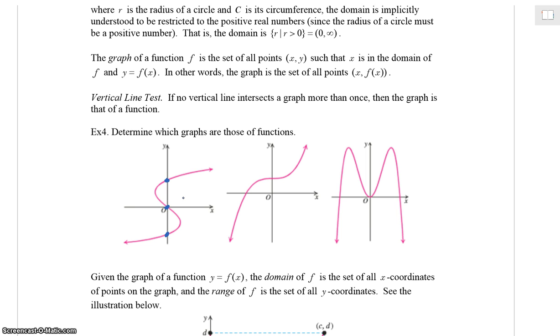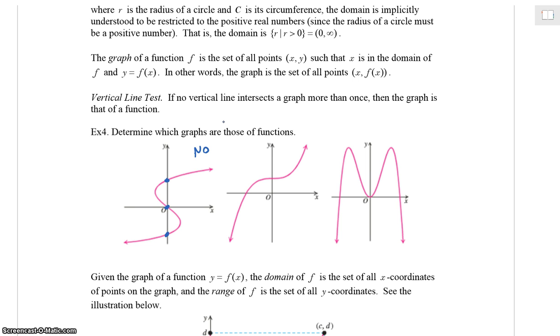And that does not satisfy the definition of a function. For a function, every x can only be associated to one and only one y. Here we see a specific x equal to 0 that corresponds to 3 different y values. So the answer here is no. This is not the graph of a function. This graph does not pass the vertical line test.